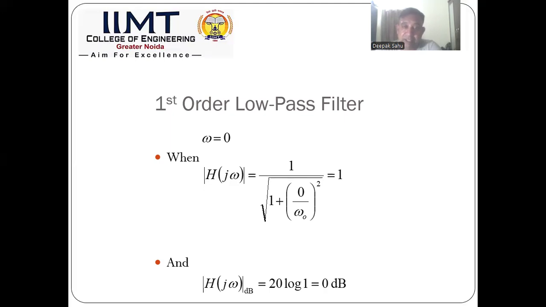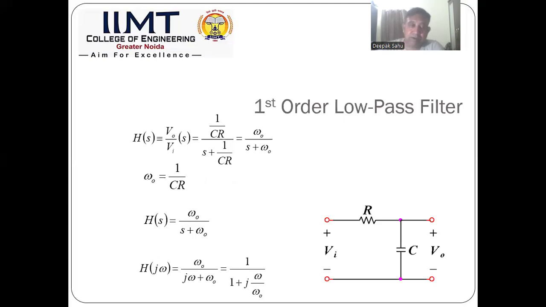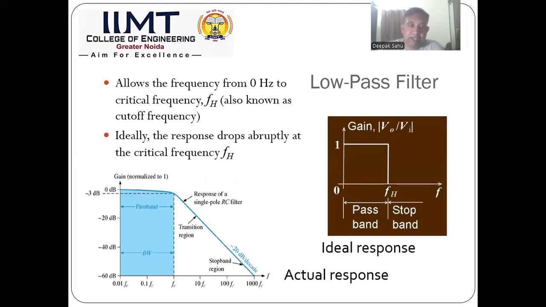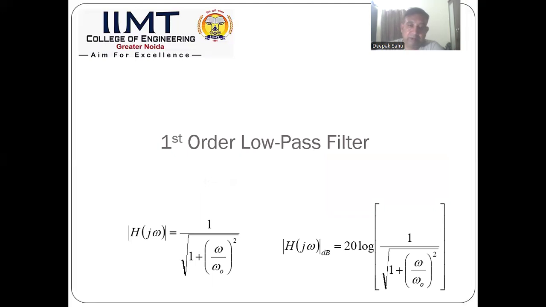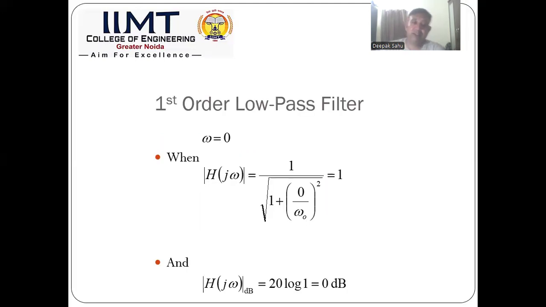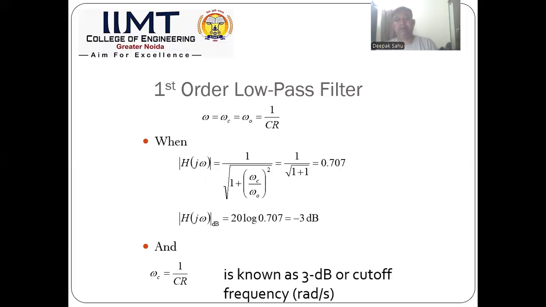If we convert this gain into decibel, it comes to 0 decibel. So if we look at the earlier graph, the highest point on the left-hand side of the graph is 0 decibel, because 1 in absolute value comes to 0 decibel. Now, another point we have taken is omega equals the cutoff frequency.